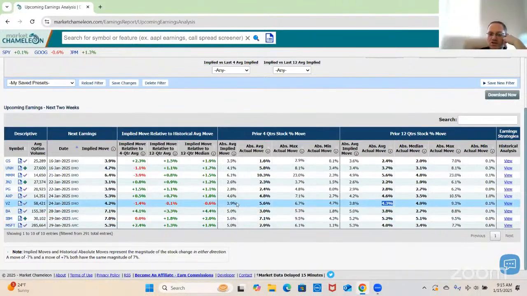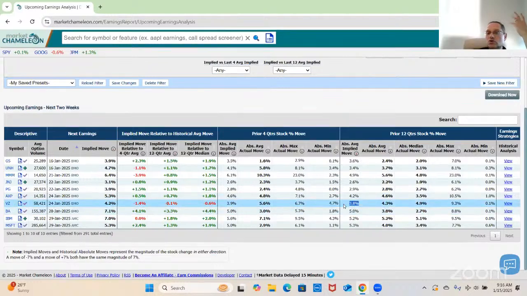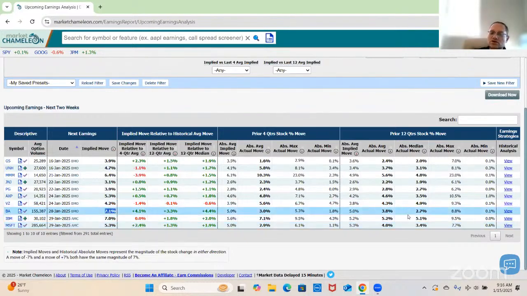But we also see that the straddles tend to be priced on the lower end prior to earnings. The implied move for the last 12 quarters was 3.8%, and for the last 4 quarters, 3.9%. So those are things to look for, where straddles could potentially be priced on the lower end. In this situation, I don't see anything significantly higher on the higher end, but we still have some time to go.